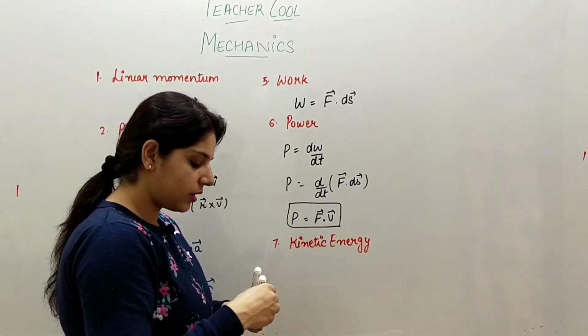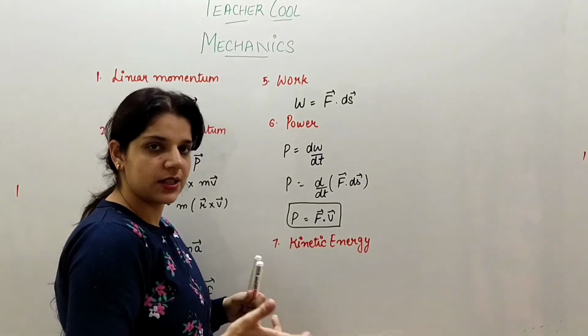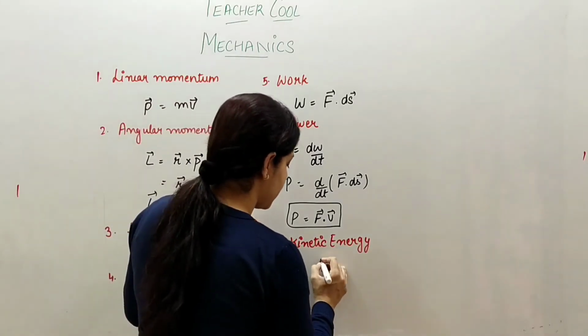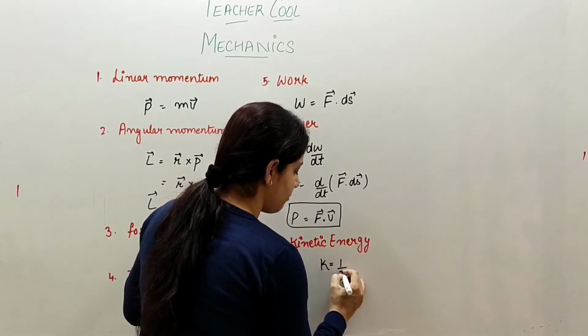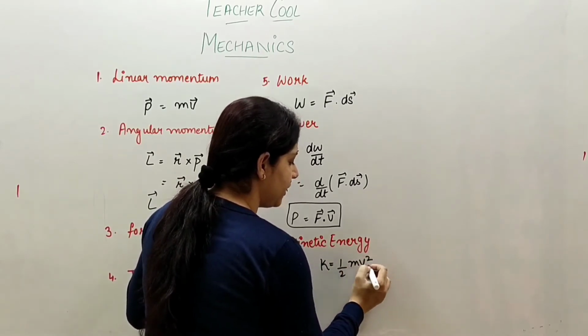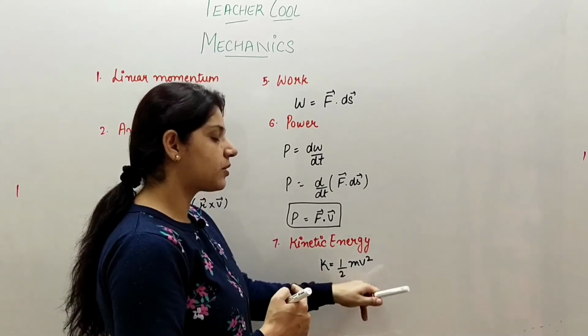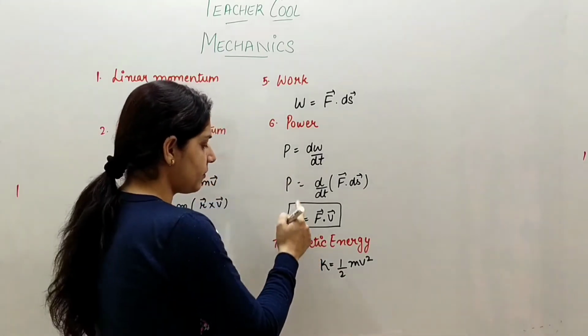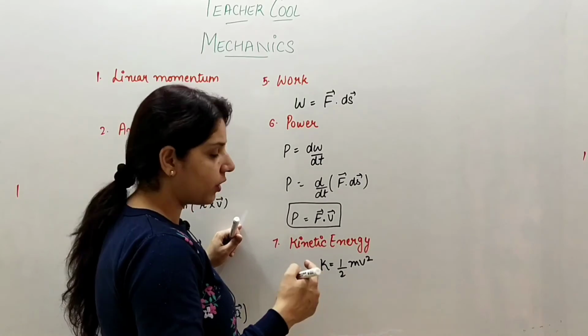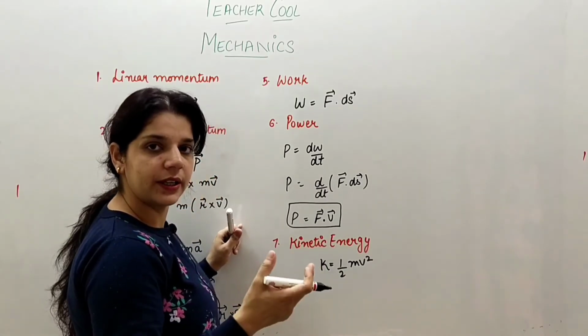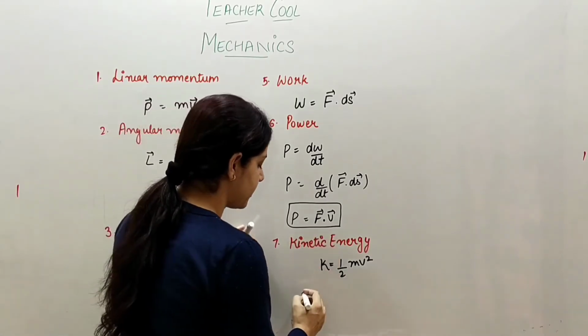We all know the expression for kinetic energy, that is half mv square. So first I'll write K is equal to half mv square, right? But how did we reach this expression? It is the form of energy only, or I can say what is the work done in terms of kinetic energy.